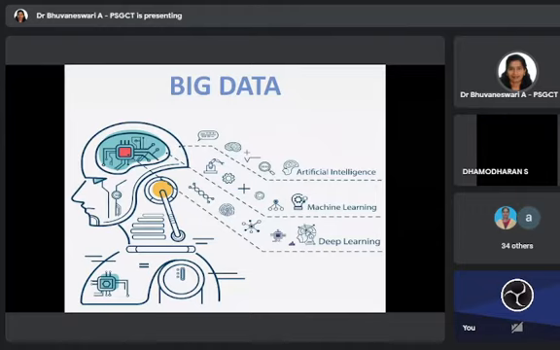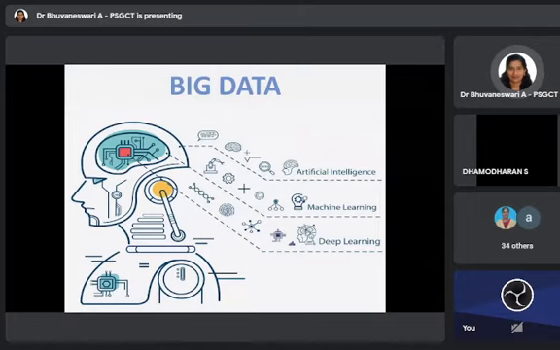So for all these things, the backbone for any concept is the data, which is generated from different sources of applications. Okay, so appropriate data sets are required in order to get the desired output.